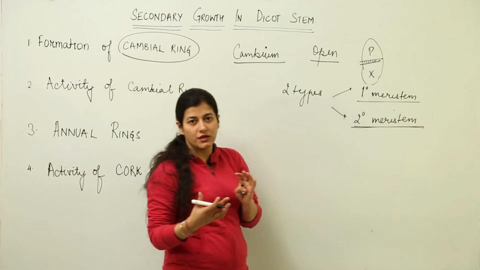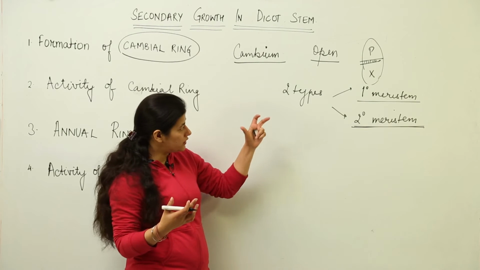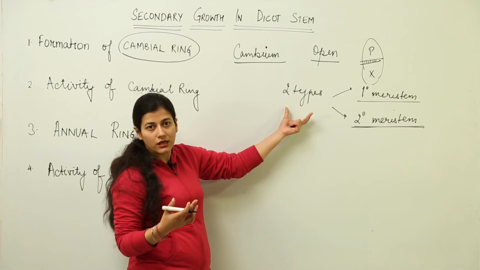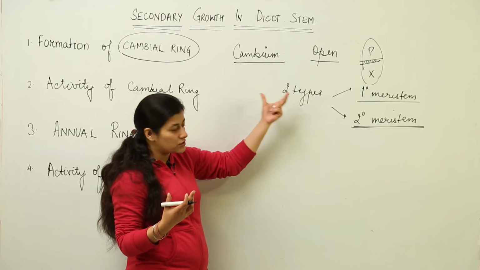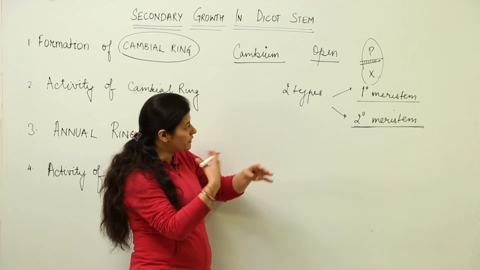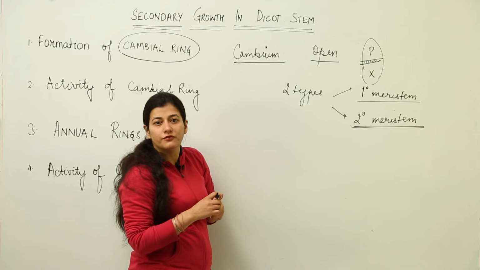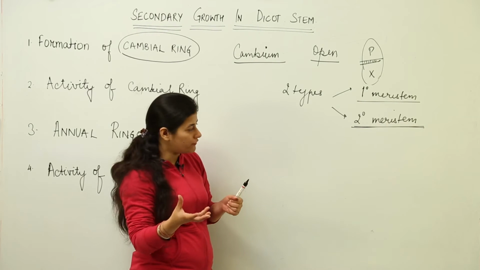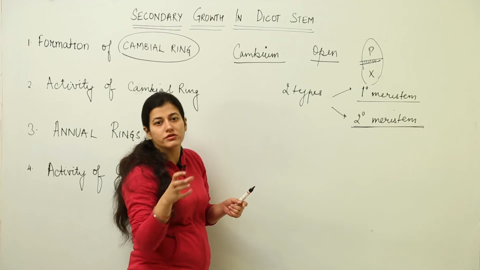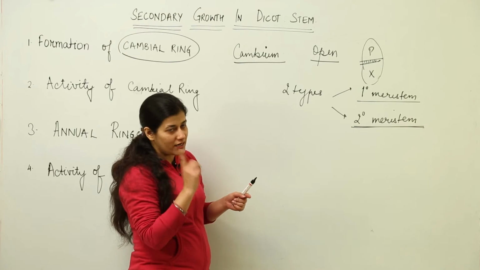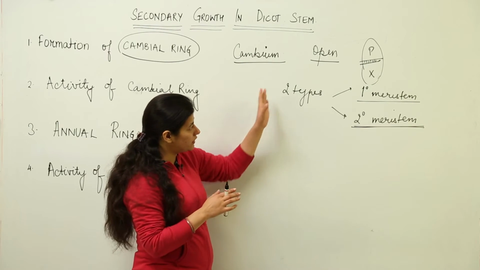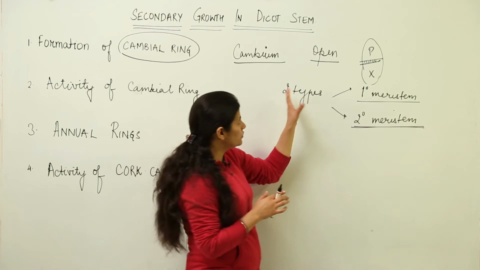In case you are not able to relate to the essence of this meristem properly with reference to this topic, because I am just summing it short, you can watch the video where we have discussed the types of tissues in plants, specifically the meristematic tissues, which is a part of class 11. You can see that video and then you can relate in a better way to this topic.